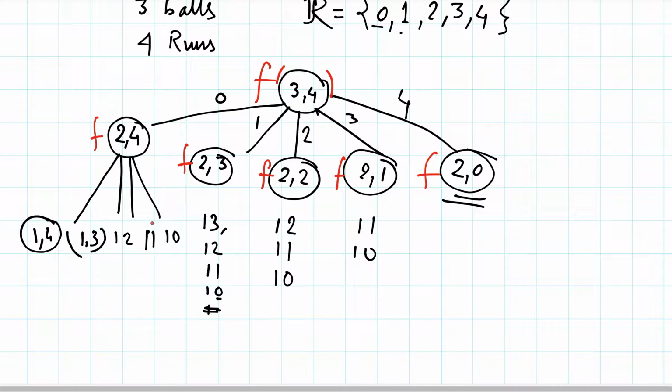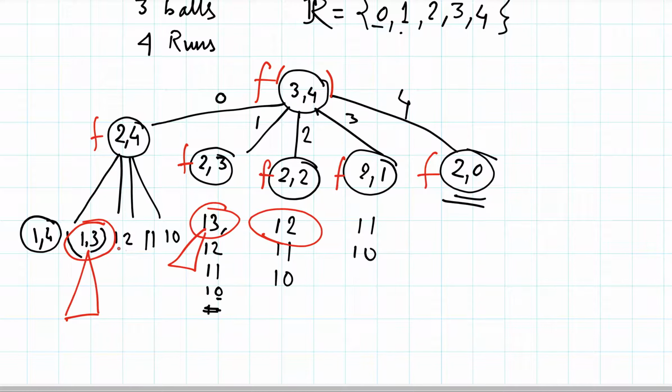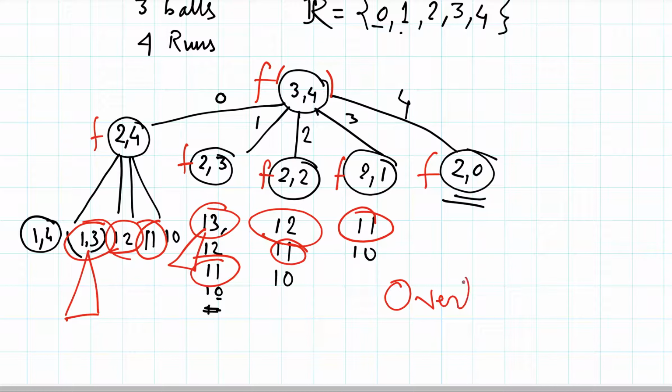And we have overlaps also, like here we need 1 3, here also we need 1 3. So the entire tree below this will be same for this. And again here we have 1 2, and here also we have 1 2, 1 1, 1 1, 1 1, 1 1. So there are too many overlapping subproblems.